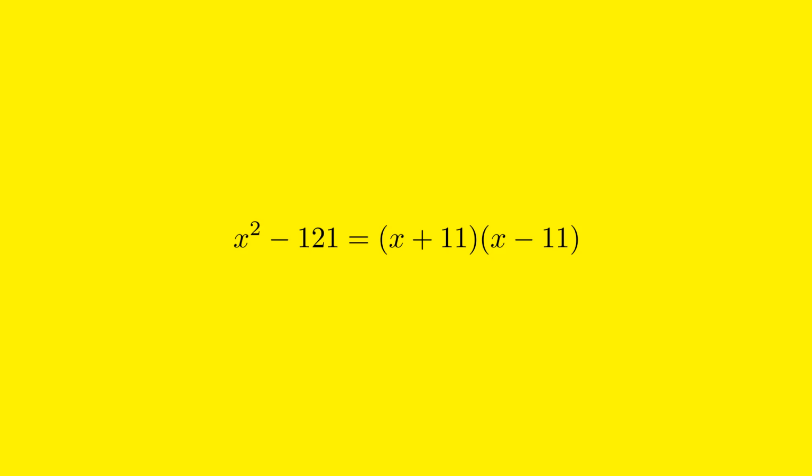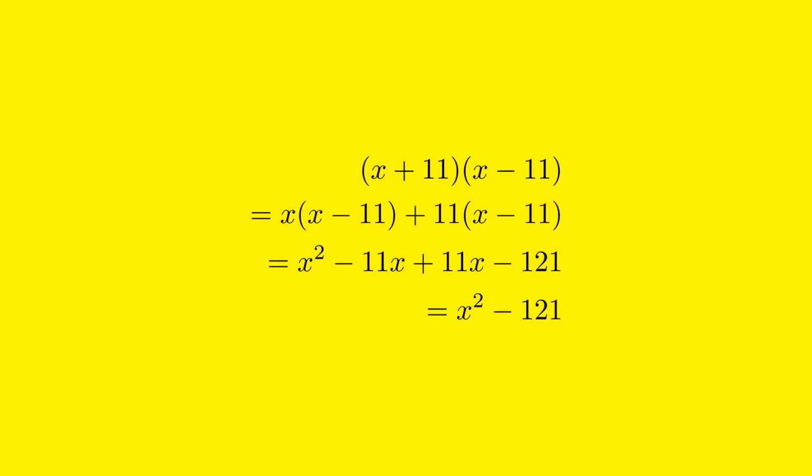Therefore, the expression x squared minus 121 can be factored into x plus 11 times x minus 11. This process simplifies the original quadratic expression by breaking it down into the multiplication of two simpler linear expressions.